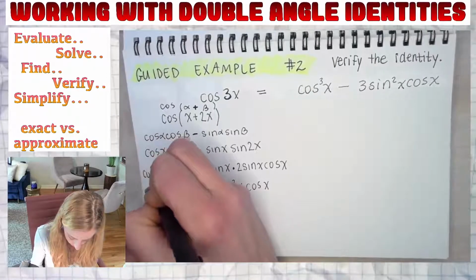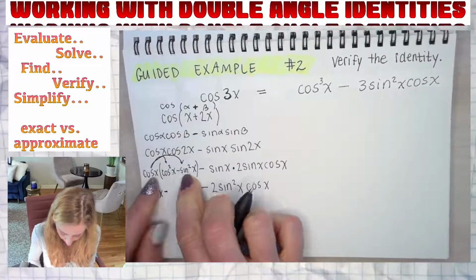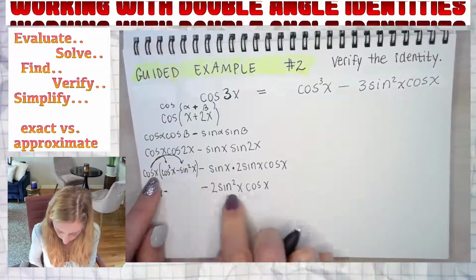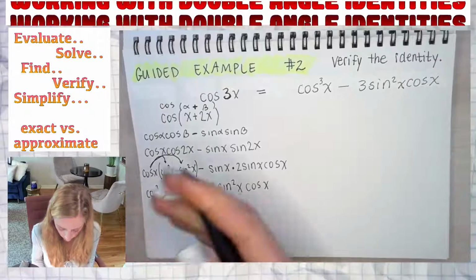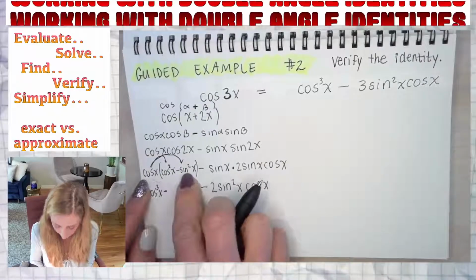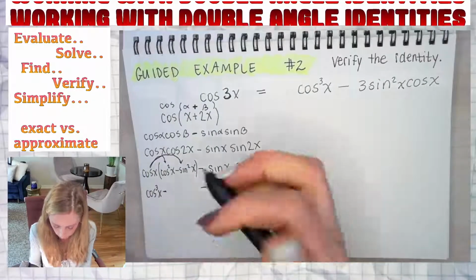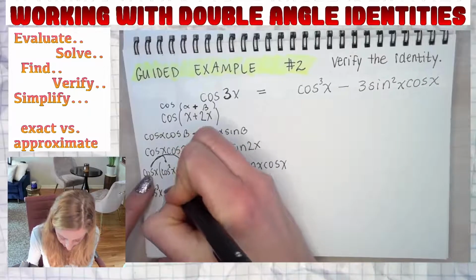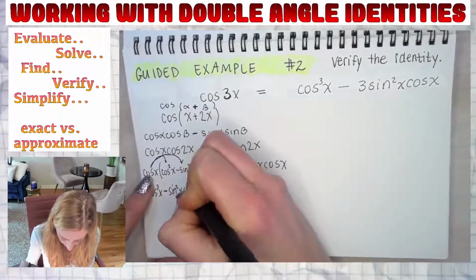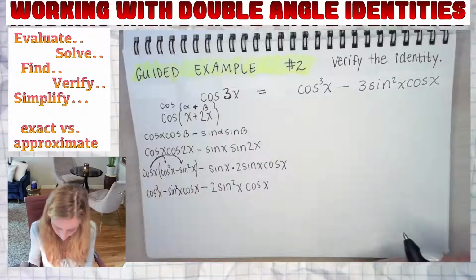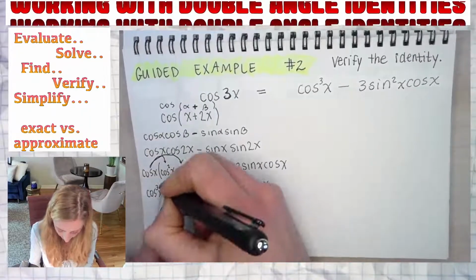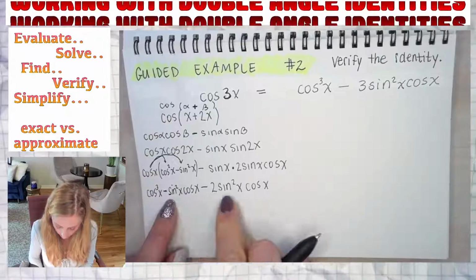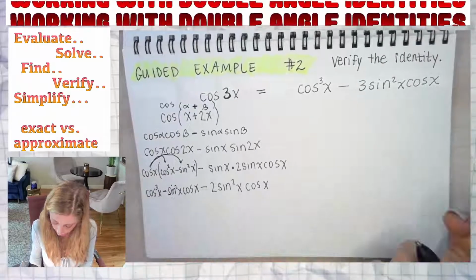Minus, well, now that one has sine squared in front and then cosine. Normally in the next step I would write cosine x sine squared x, but I'm going to use the commutative property, turn it around. I'll just write sine squared x first, cosine x. Now this is good because minus this really has a -1 in front. These are actually like terms, believe it or not.